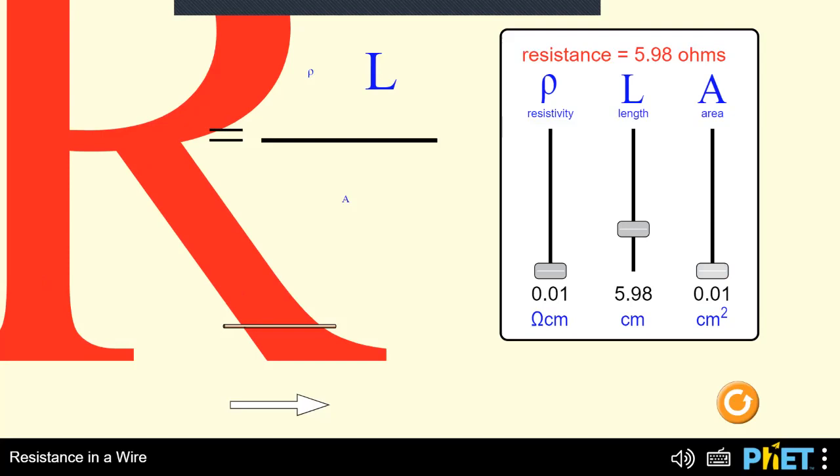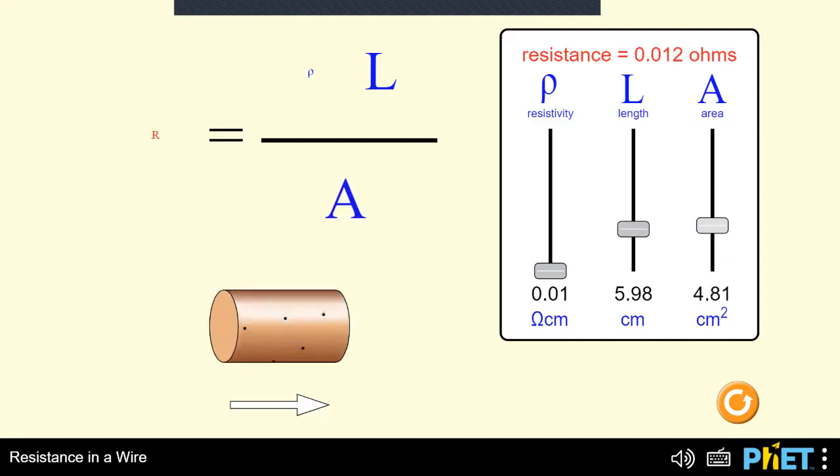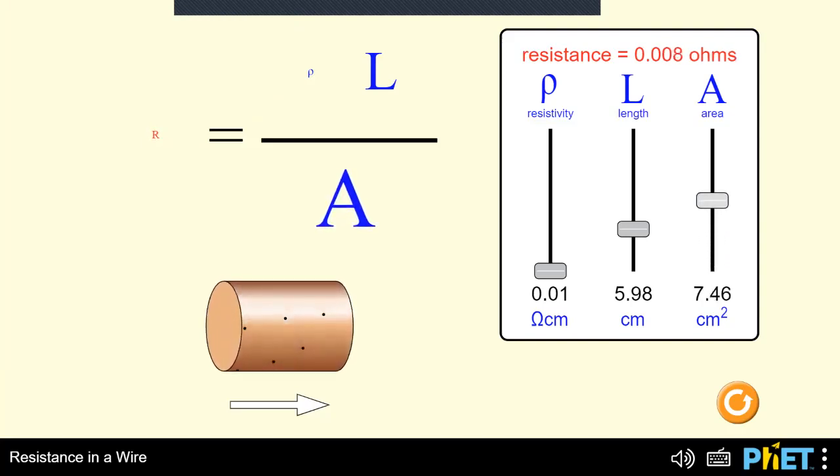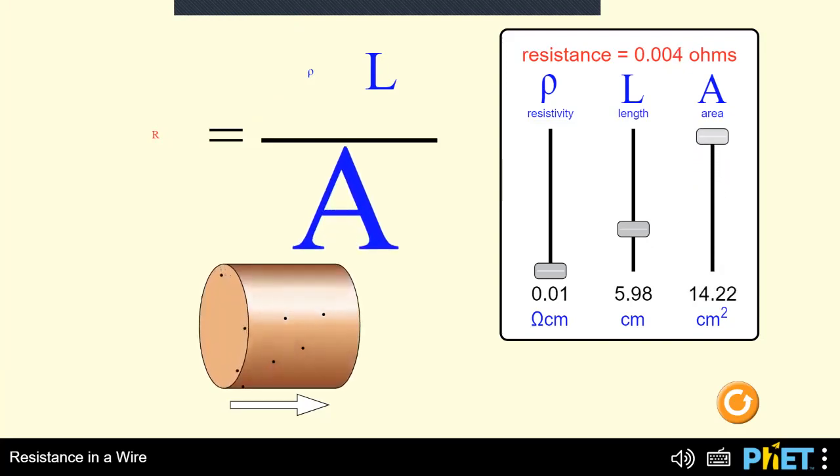But if we make our area larger, you notice that as the area increases, R decreases as well. So if we have a greater area, we will have a lesser resistance.